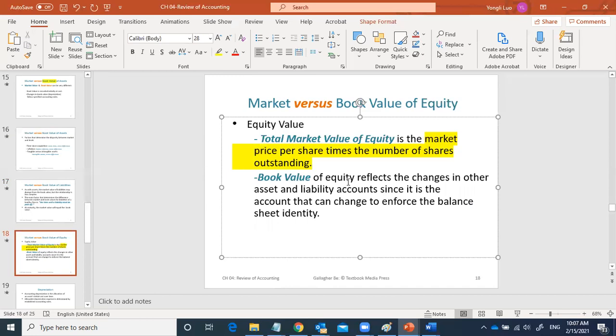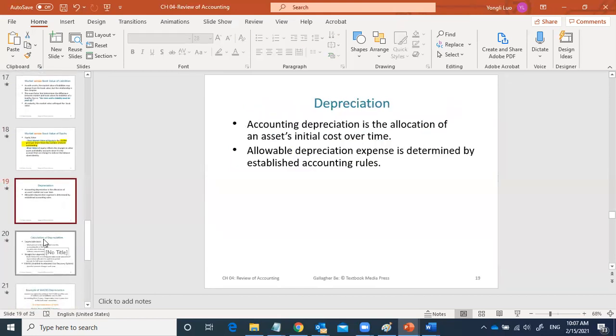The book value of equity is only the owner's equity part in the balance sheet, or total assets minus total liabilities. As I have mentioned, accounting follows generally accepted rules. All the people use that accounting information, and then they have depreciation.